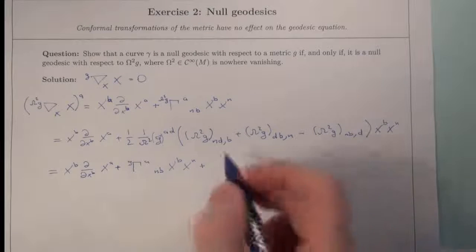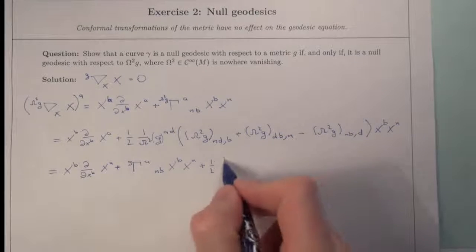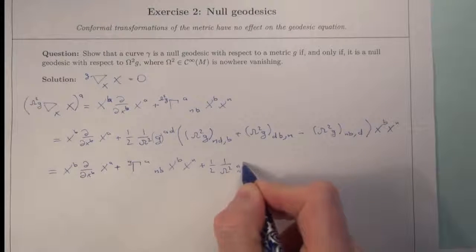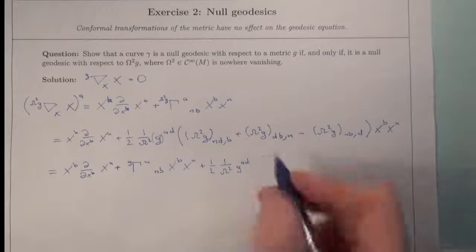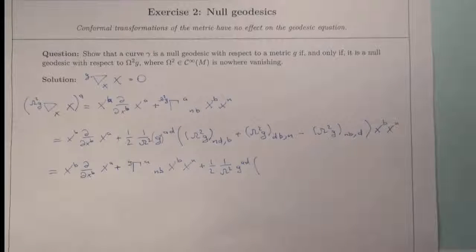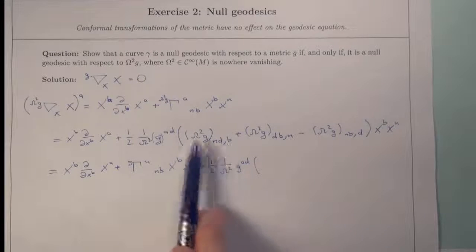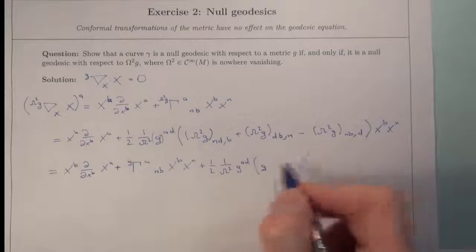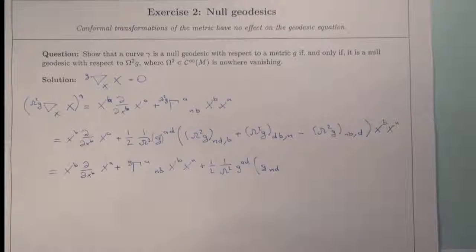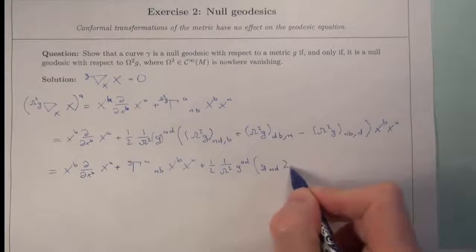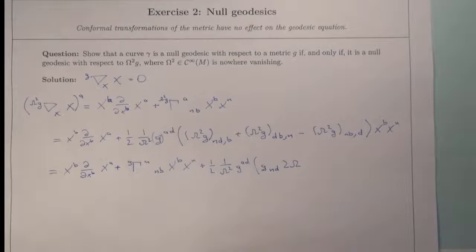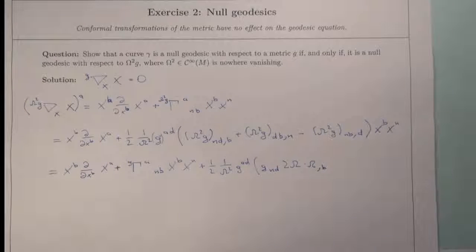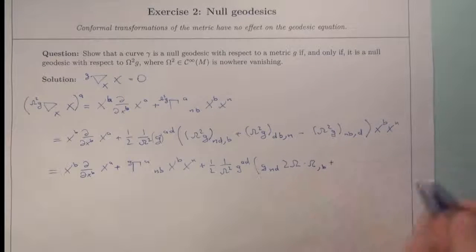So what do we have here? We have 1/2 in front, 1 over omega squared, then the inverse metric, this stays untouched, and now the bracket opens, and now this derivative acts on the omega. That means the g stays untouched like that, and now we get 2 omega times omega b, and the same for the other terms.